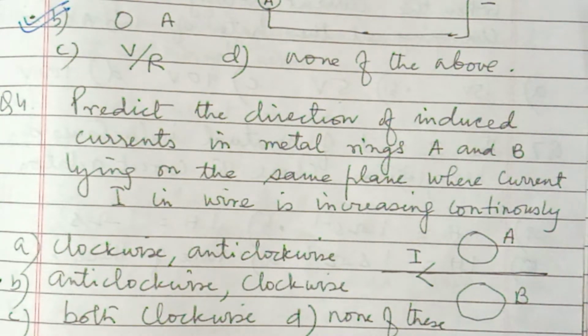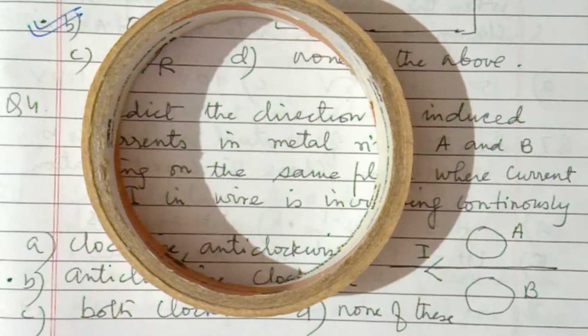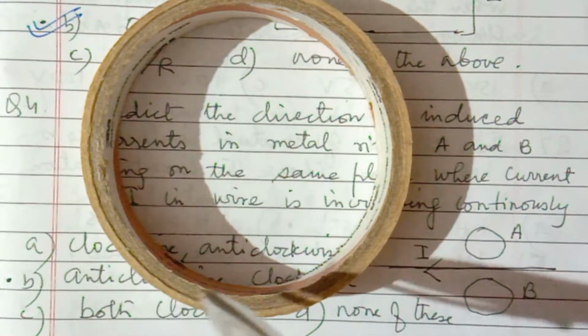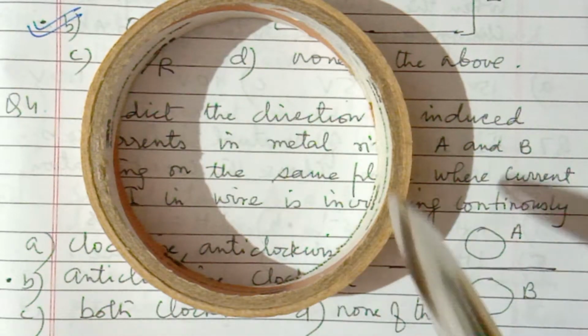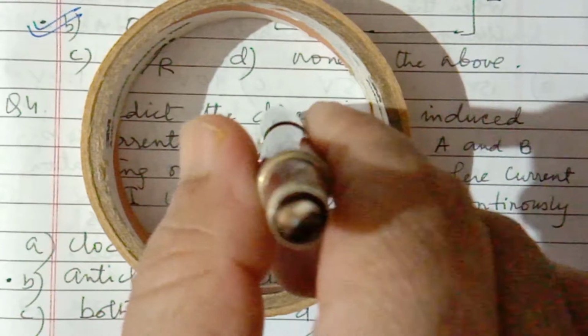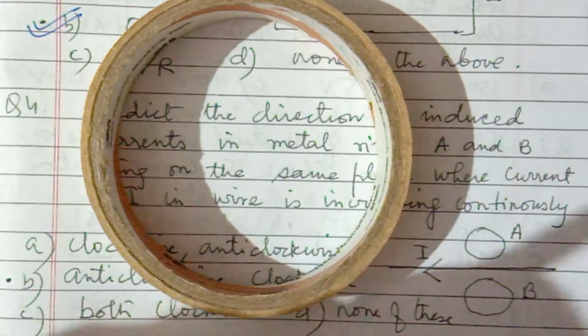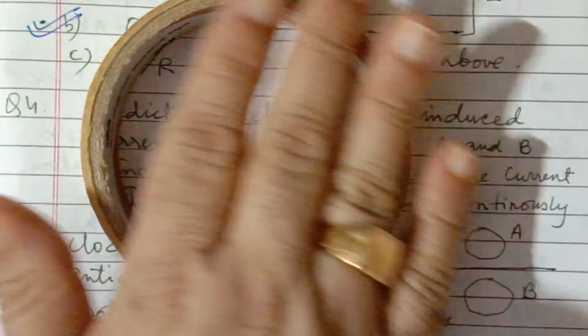So again you can follow that clock rule. For example, this is the coil. Here the magnetic field should oppose the magnetic field, and the magnetic field should be in the upward direction. If it is coming out of this plane, then this must be the north pole.